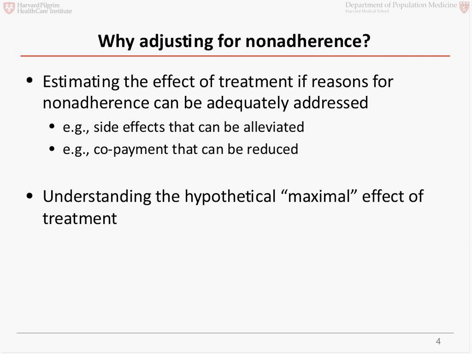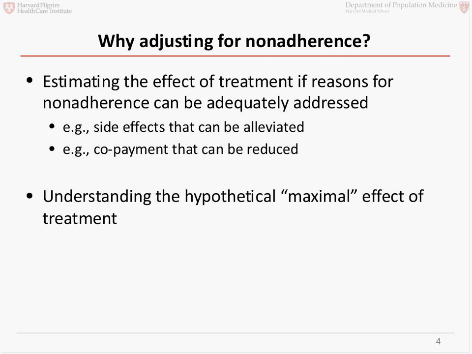So the reasons why we are interested in adjusting for non-adherence, I'm just listing some of them here. Sometimes the reasons for non-adherence can actually be addressed. For example, patients might stop the medication because of some side effects, but the side effects can actually be managed or alleviated.